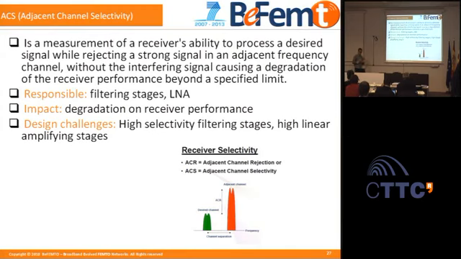If you have a bad number here, the problem is degradation of the receiver performance. It's clear. And if you want, as I previously commented, very good behavior on this part, you have to use high selectivity filtering stages and highly linear amplifier stages, mainly in the low noise part.